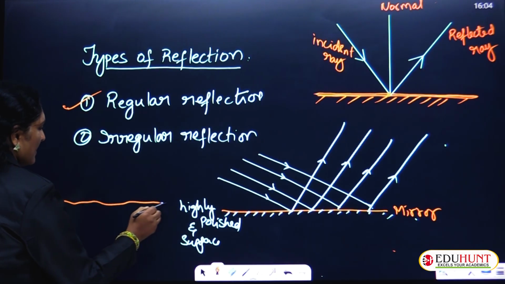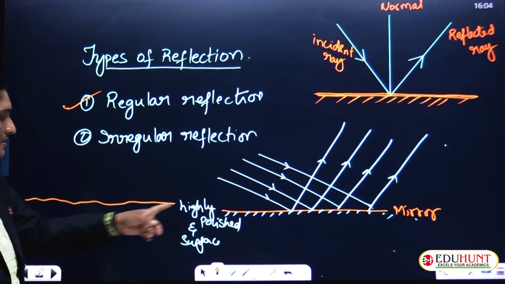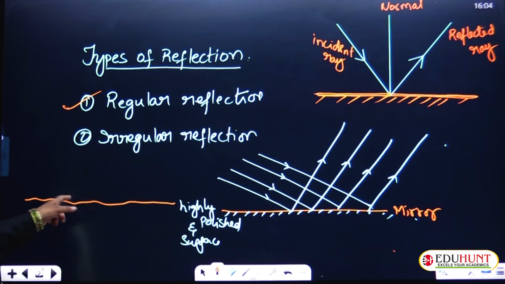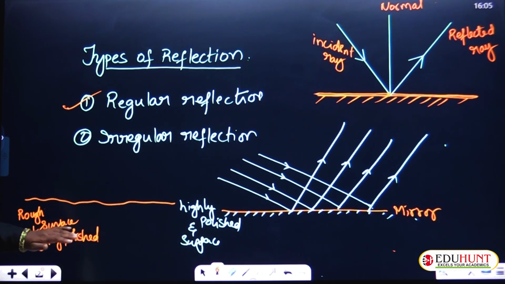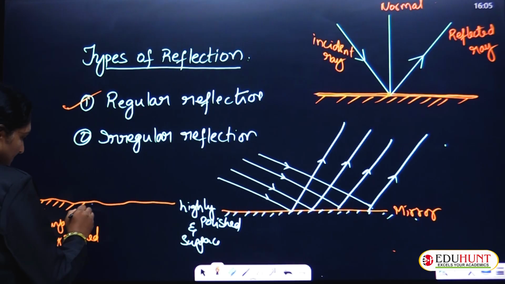This is a very smooth surface, whereas this is not a smooth surface, a little rough surface, which is lightly polished. It's neither smooth nor highly polished.